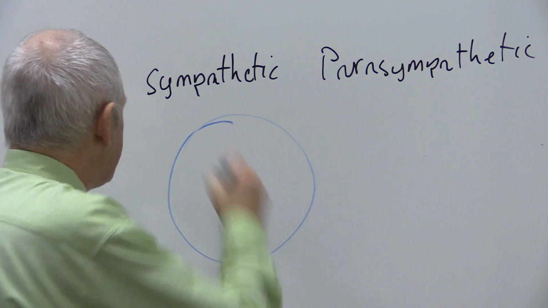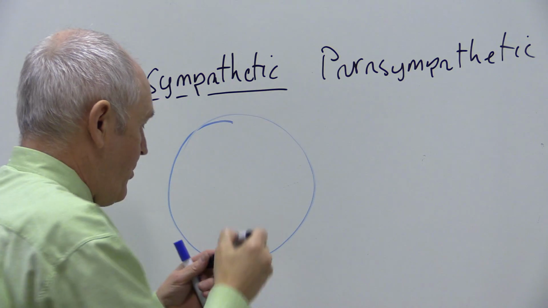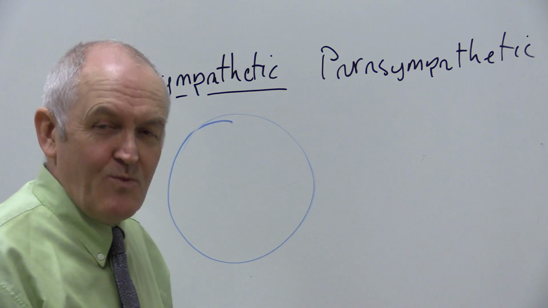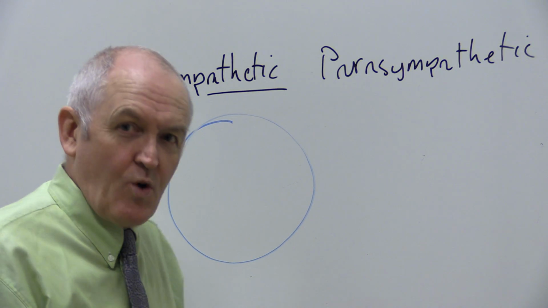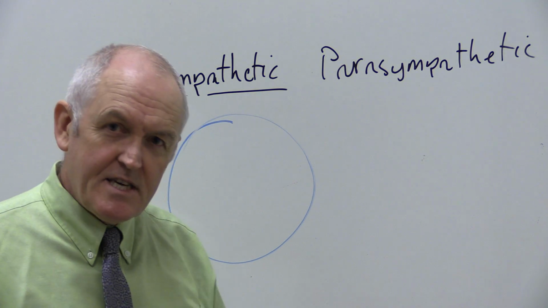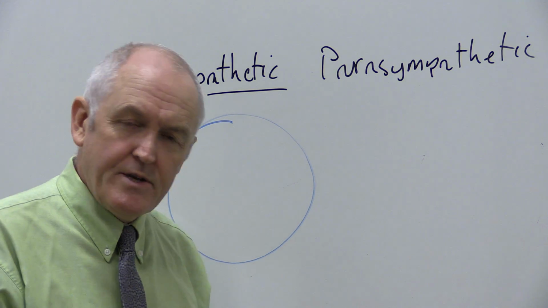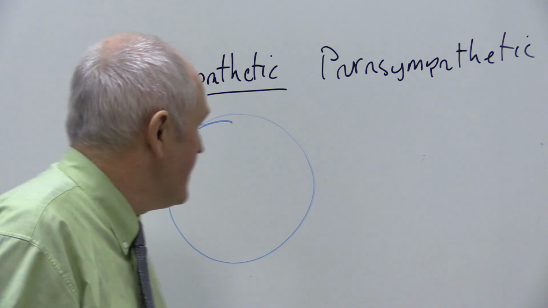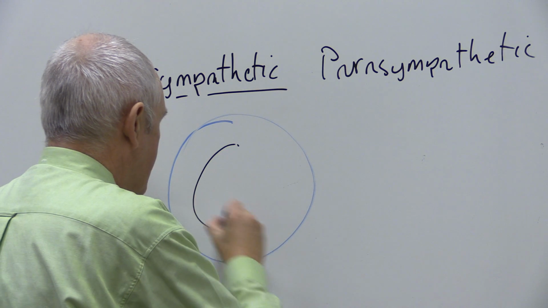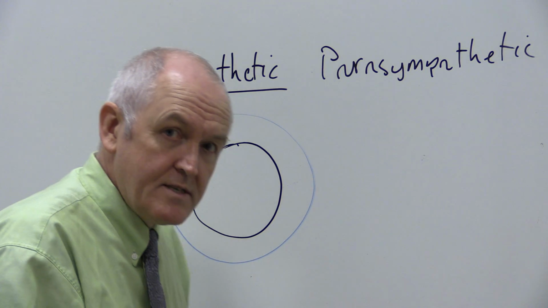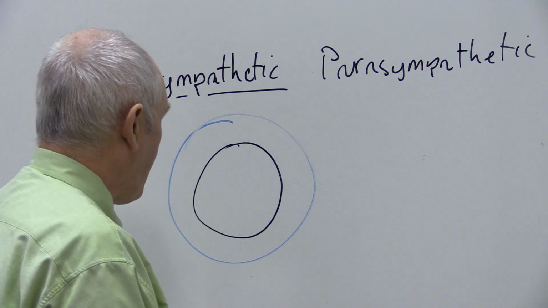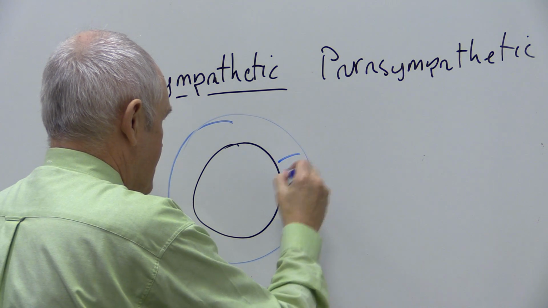Now, if you're in a sympathetic fight or flight situation, do you want to be able to see where you're going? Obviously. You need to see who you're fighting. You need to see the obstacles in the field that you are using to run away. So sympathetic activity will cause pupillary dilation. The pupils will get wider with sympathetic activity.